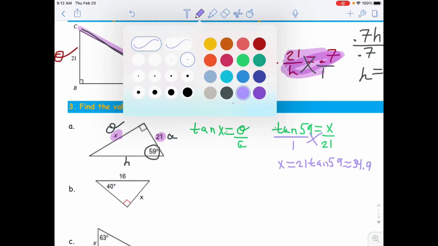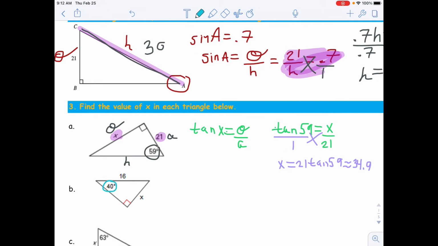This time, we got 40. With respect to 40, x is the opposite side, and h is right there. So remember, which one uses opposite and hypotenuse? Well, that's sine, that's the SO in SOHCAHTOA. So sine of theta is opposite over hypotenuse. So sine of 40 equals x over 16.